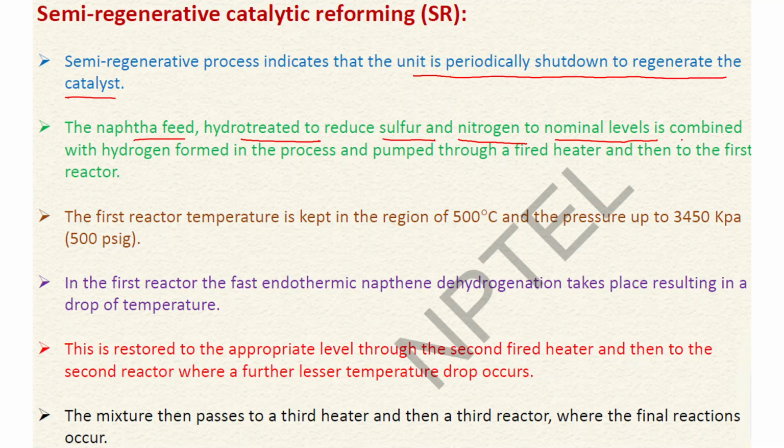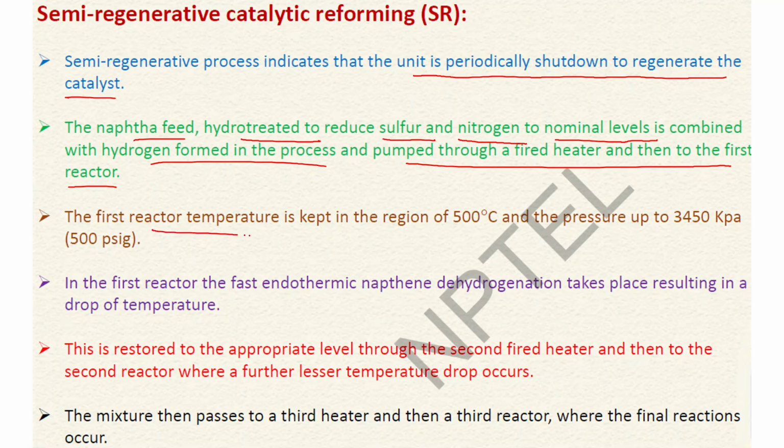Then, along with the hydrogen formed in the process, the treated naphtha is pumped through a fired heater to bring it to the required temperature, and this heated mixture of naphtha and hydrogen is then fed to the first reactor.